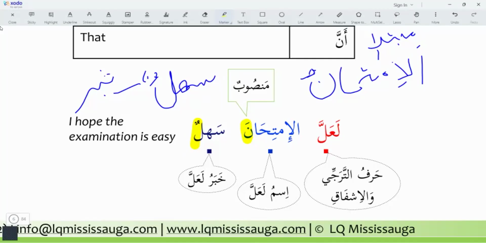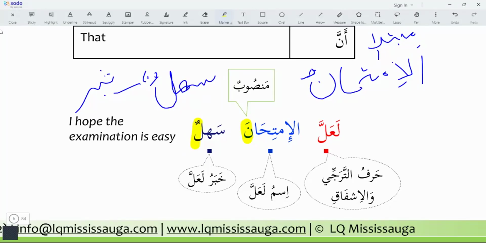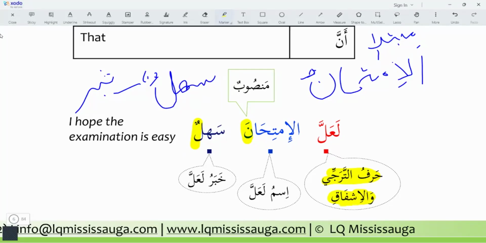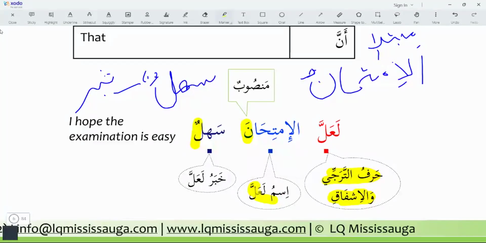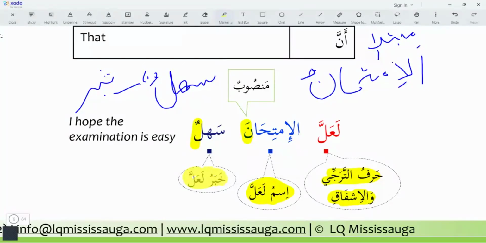So la'alla is harfu tarajji wal ishfaq, hope and fear. This al-imtihana is ismu la'alla and sahlun is khabru la'alla.